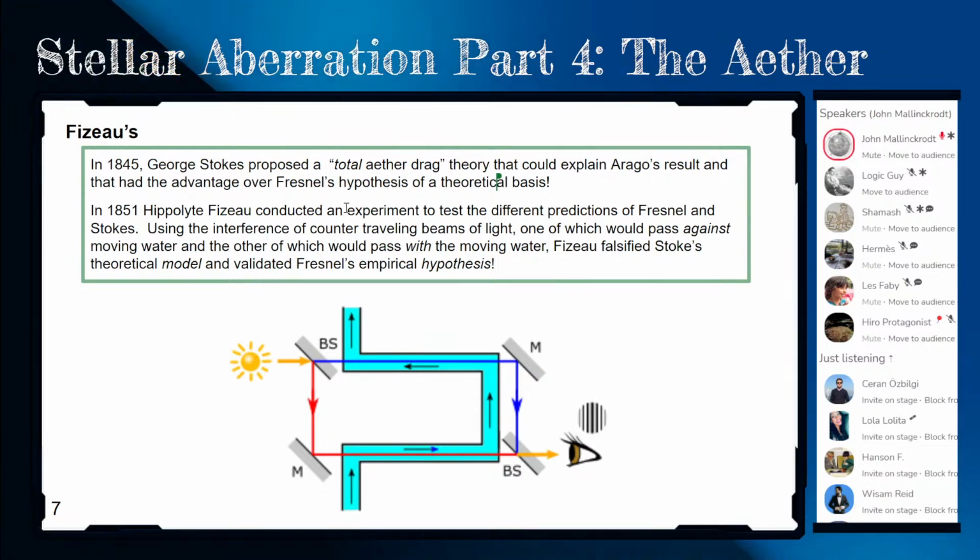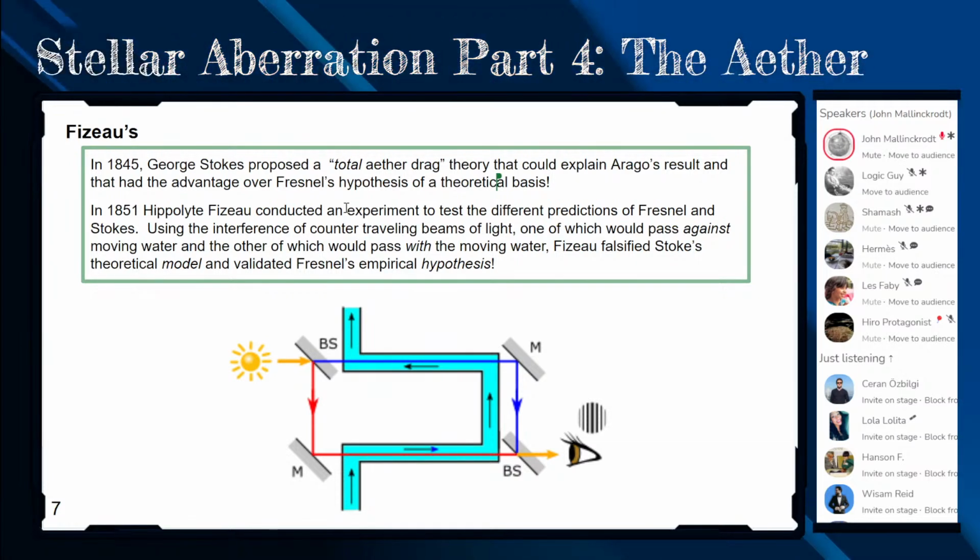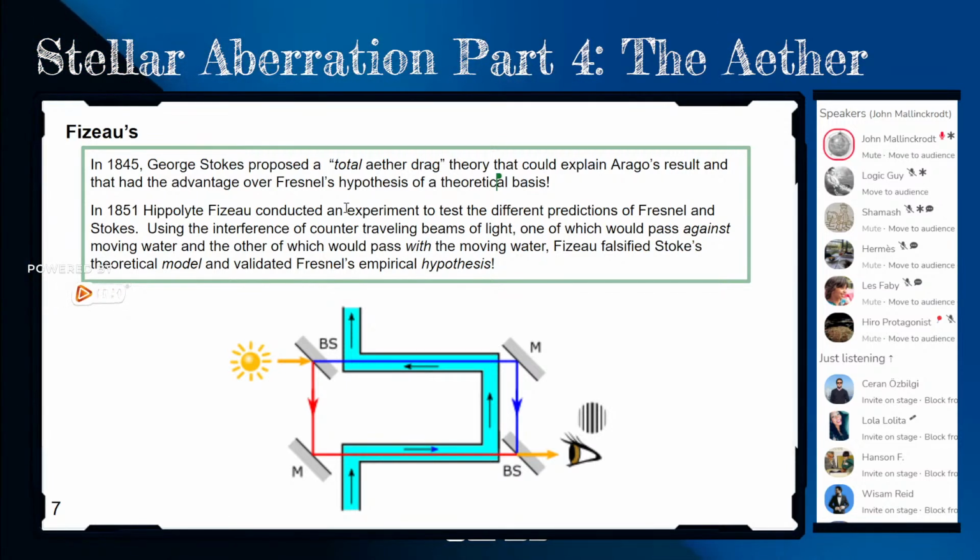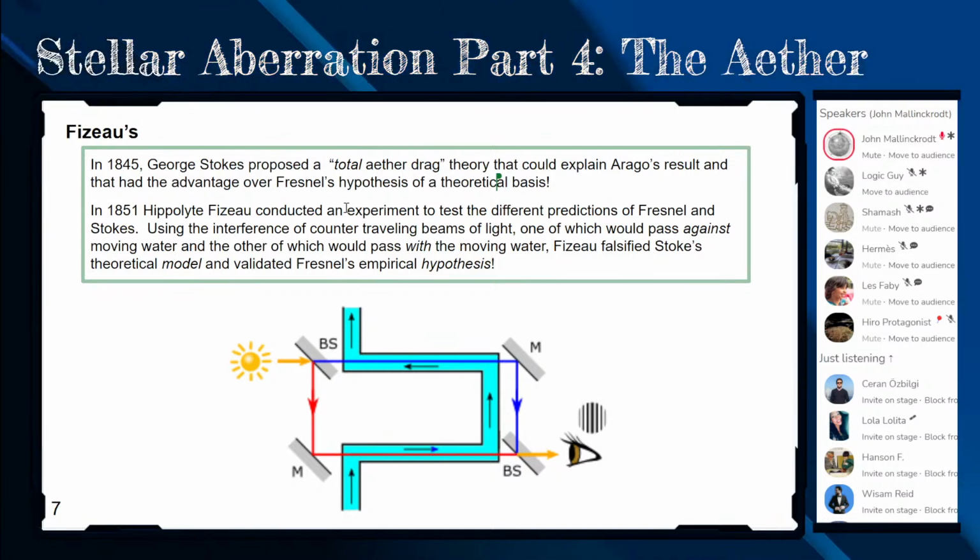The light that reflects off of the first beam splitter comes down and reflects off of a mirror and then travels with the water, joining with the other beam at the lower right beam splitter, at which point some of the blue beam reflects into the eye and some of the orange beam continues through, because that's what beam splitters do, so that they interfere at the eye, and there's a little picture of an interference pattern. We'll get back to that in a second.